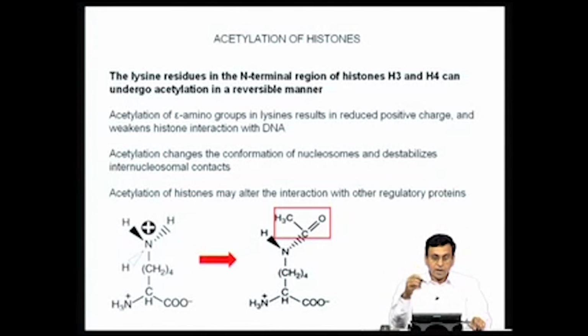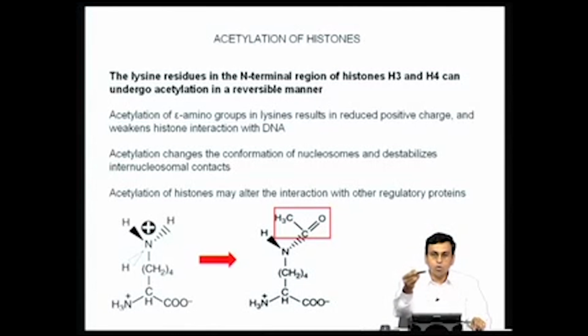What became very clear is that the lysine residues in the N-terminal region of histones H3 and H4 can undergo acetylation in a reversible manner. Remember, whenever we talk about regulation in biological systems, most of these modifications have to happen in a reversible manner, then only regulation can take place. So, most of the changes that we see in biological systems are often reversible. When you add a phosphate, you can also remove the phosphate.